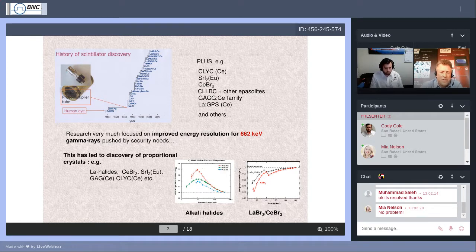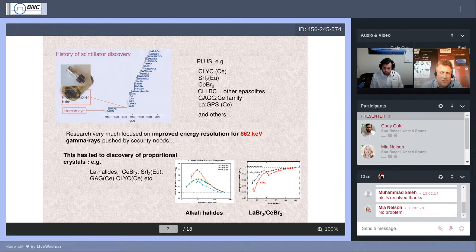And you can ask now, what is a proportional crystal? Well, proportionality is the amount of light per unit energy as a function of the energy of a scintillation material. In the classic crystals, this number is by far not constant, it varies a lot. You see in the left graph, it varies even 40%. And this implies that you can never reach an extremely good resolution, what you expect based on statistics.